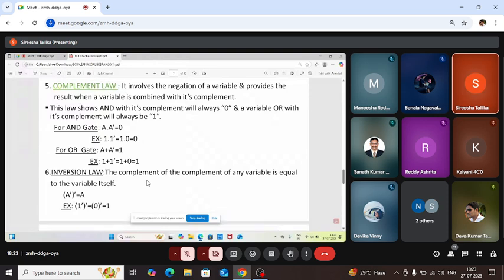So you see, A complement, overall complement, equals A. So the output becomes the original value A itself. For example, I apply one complement, overall complement. One complement is 0, then applying complement to 0, its value is 1.